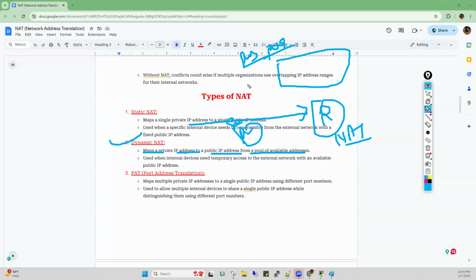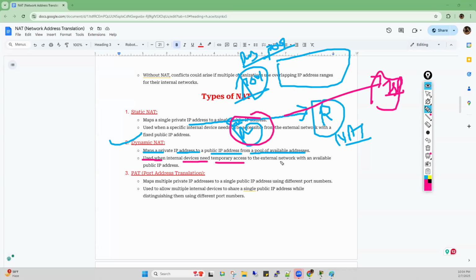This router will check the NAT pool, and if it finds any IP address that is free right now, it will convert your private IP address into that public IP address and forward it towards the ISP. That is called dynamic NAT. It is used when an internal device needs temporary access to an external device.